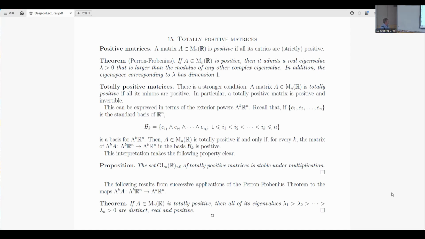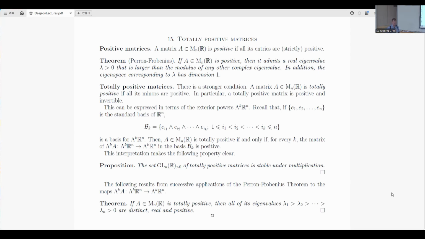And the matrix is totally positive if, when you express its action on the exterior power, its matrix is positive in this basis. In other words, the image of such an element is a linear combination of elements like that with positive coefficients.